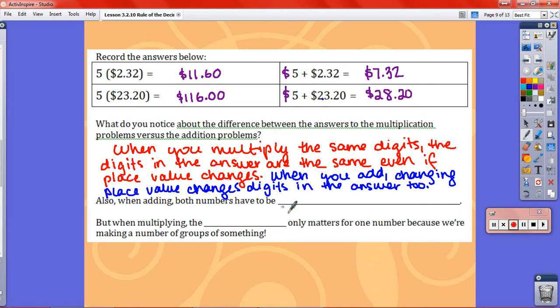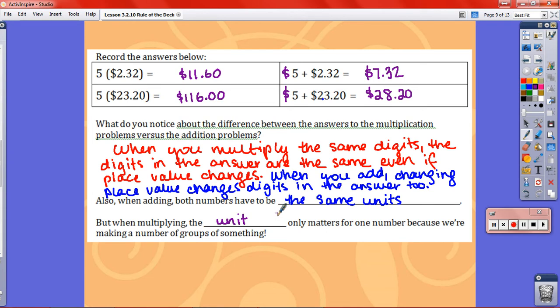Also, when you're adding, both numbers have to be the same unit. I discussed this earlier when I was talking about puppies. My students are like, why do you keep talking about puppies? That's weird. But when you're multiplying, the unit only matters for one number.